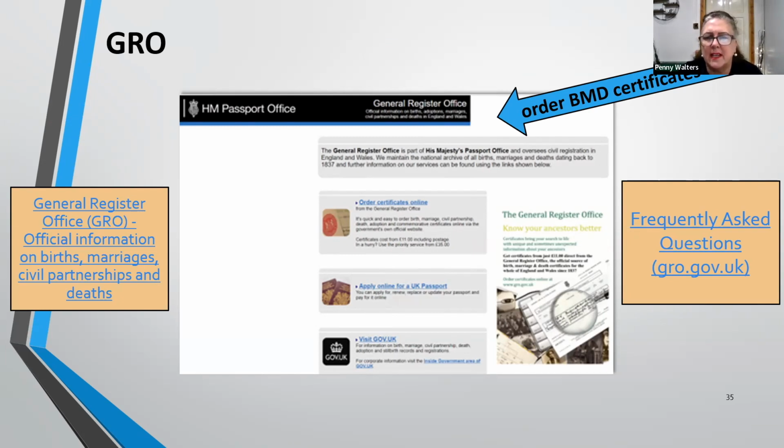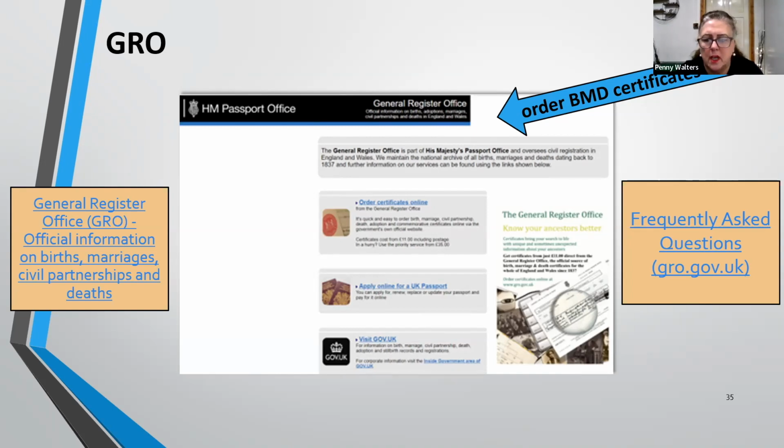I basically order one a week, and I've got files with all of this kind of thing in. You can go online to the GRO and order these for between £11 and £14, and they come directly to you. If you were panicking about them being posted, you can get a PDF, which is cheaper.